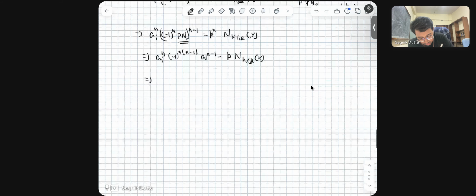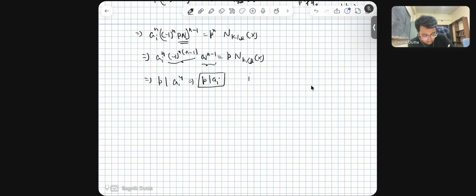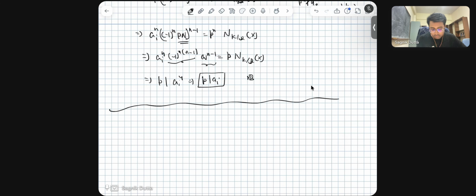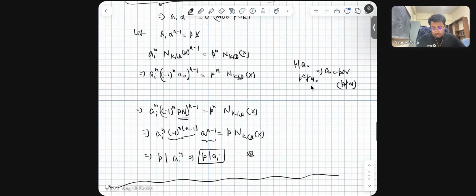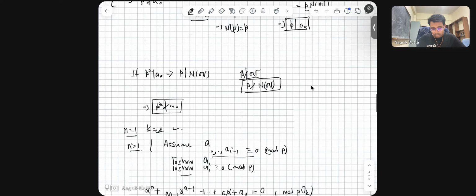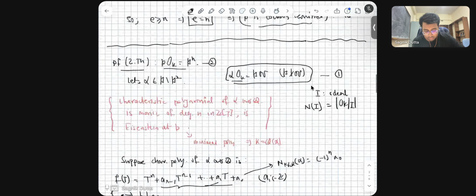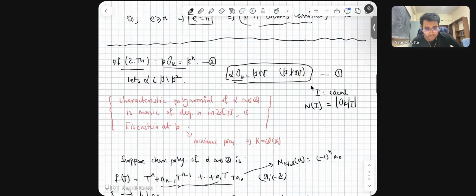Because this is just a sign, and p doesn't divide q, so p divides the right hand side, hence p divides a i to the n, and then that means p divides a i. This we did for i, and this is the induction, so this will prove the other part. So you see, both the parts are kind of easy, the proof of both the parts. So yeah, that's about this.